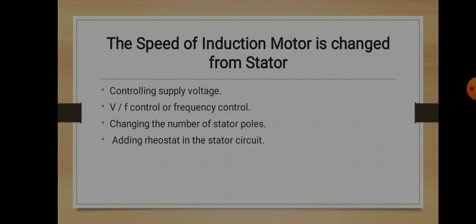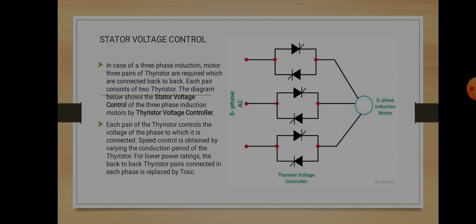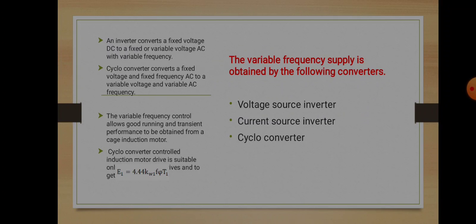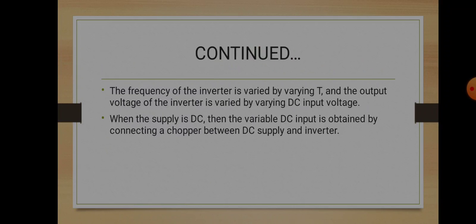Today we will see about current source inverter fed induction motor control, changing the number of stator poles, and also adding a rheostat to the stator circuit. These are what we have seen in your previous classes.